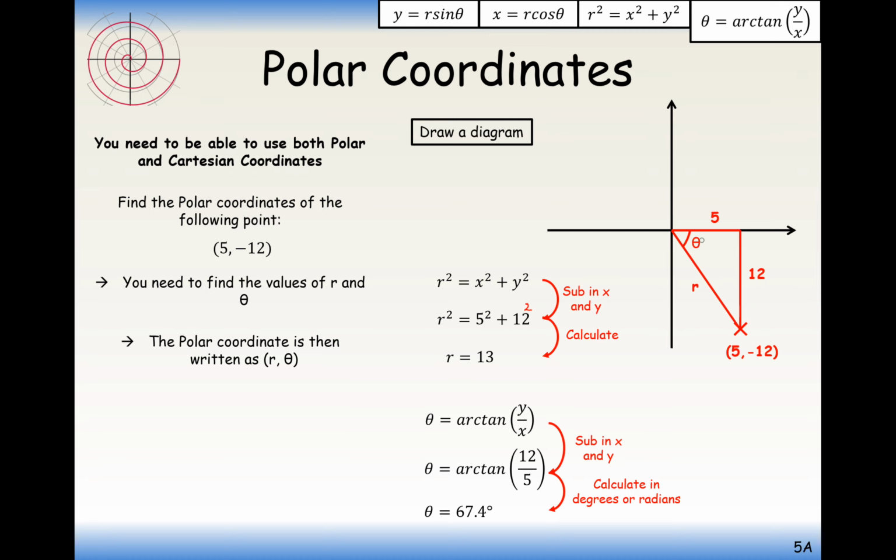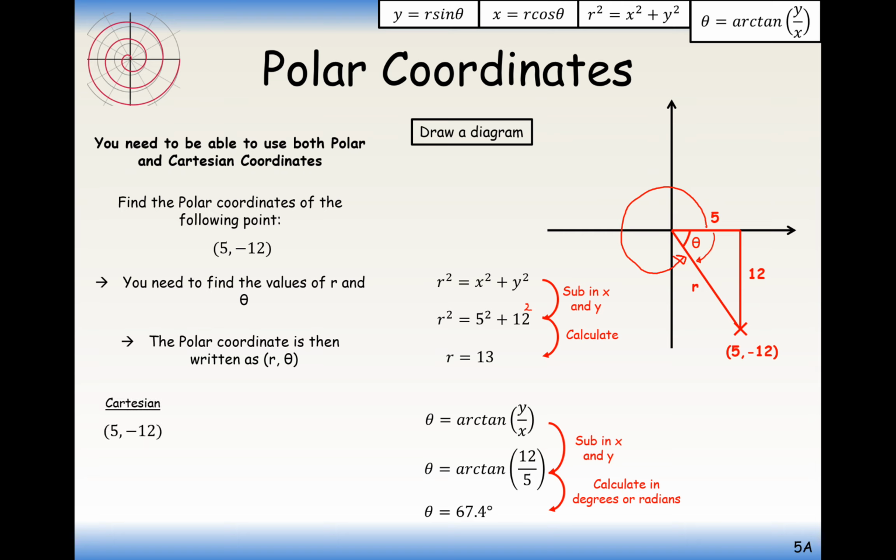That will be the angle inside here, but that's not just going to be the answer that we'll plug in straight away. Either we'll have to do a 360-degree subtraction if we're working out the angle of rotation in the anti-clockwise direction, or we can just refer to it as negative 67.4 if we go clockwise.